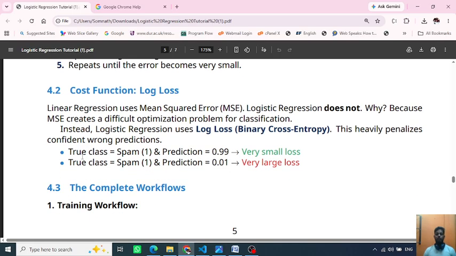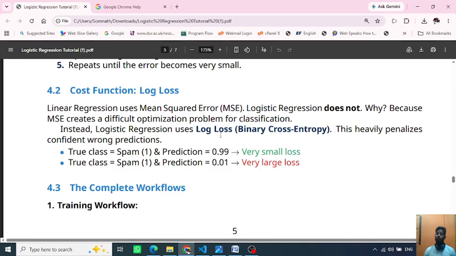Now come to the cost function used by logistic regression, that is log loss. Linear regression uses mean square error. You may remember, right? Logistic regression does not use it, because MSE creates a difficult optimization problem for classification.